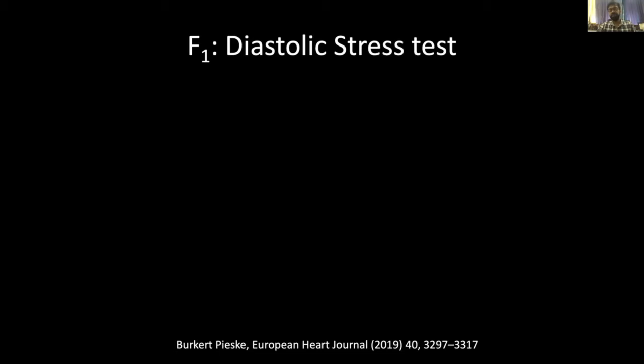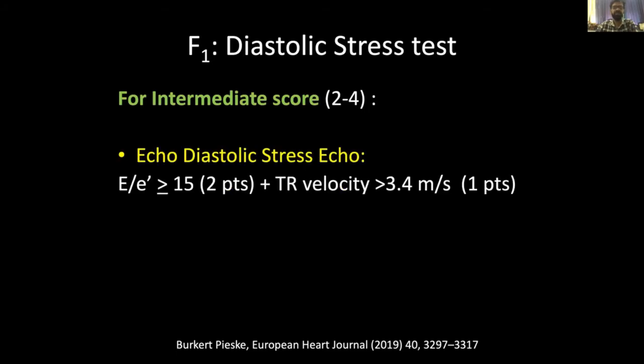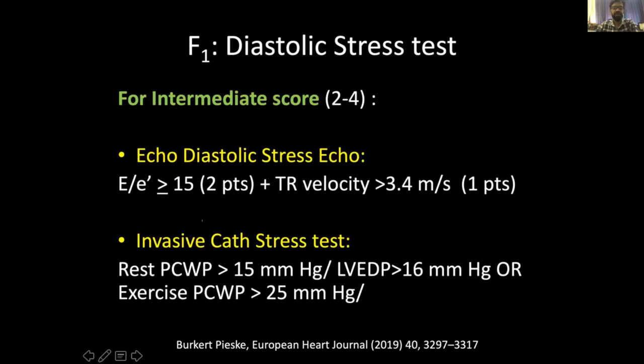But if you remember, the patient was symptomatic, and E by E prime was not there. Can we do something else? There is something called a diastolic stress test, where we exercise the patient and look at the values of E by E prime going more than 15, or if the TR velocity goes more than 3.4, or you also do an invasive cath test and look at the PCWP of more than 25 on exercise.